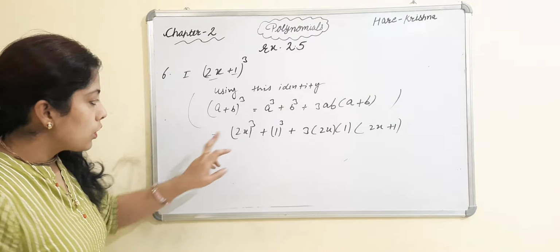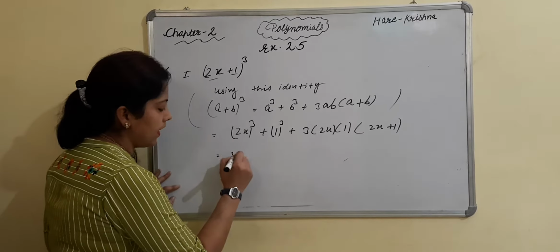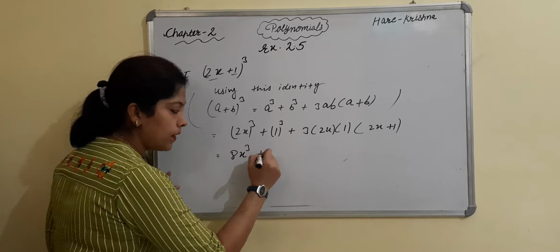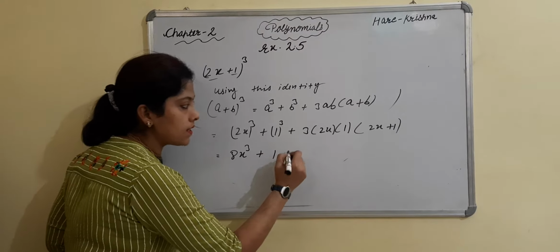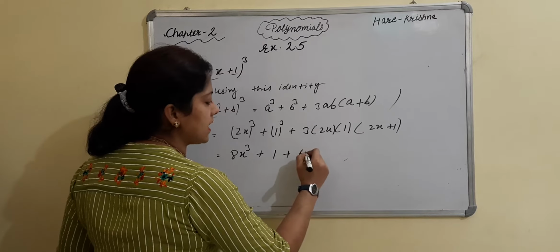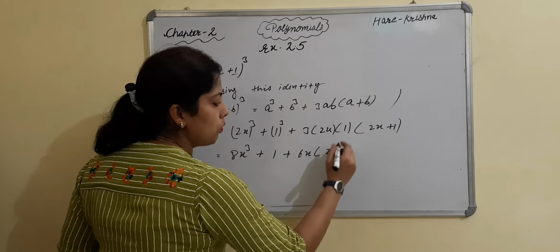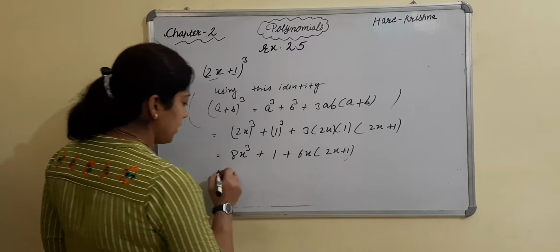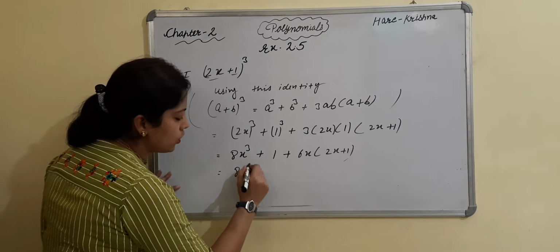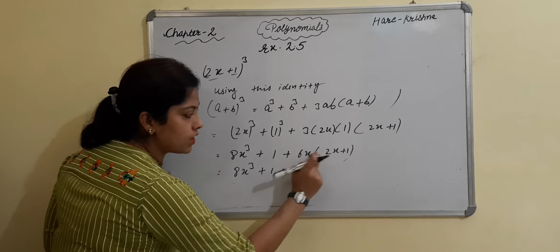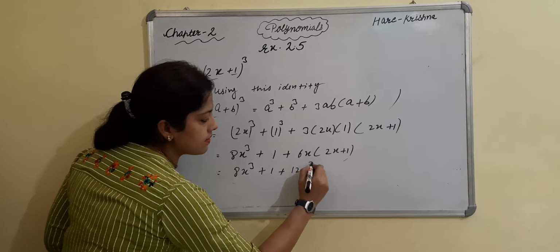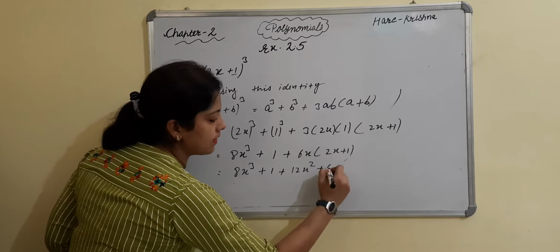Okay? (2x) cube क्या होता है? 8x cube plus 1 का cube 1 plus 3 2 6x into (2x + 1). 8x cube plus 1 plus 6 2 12x squared plus 6x 1 6x.